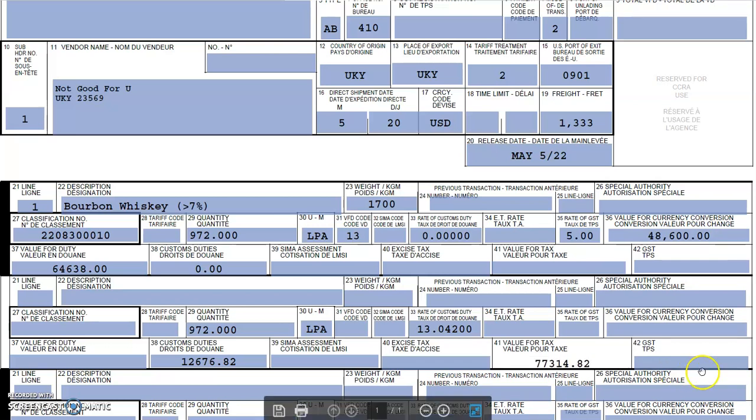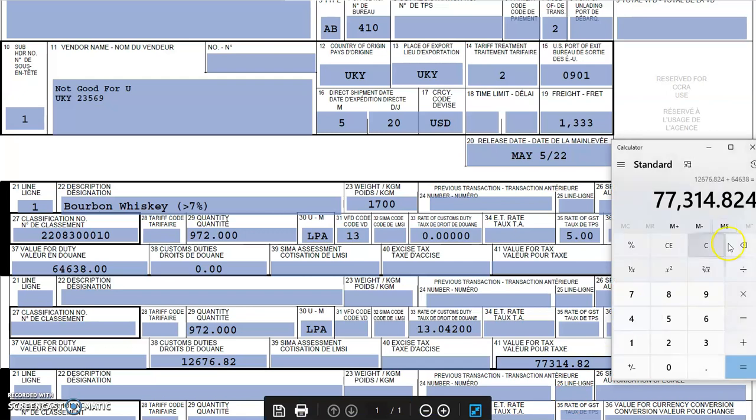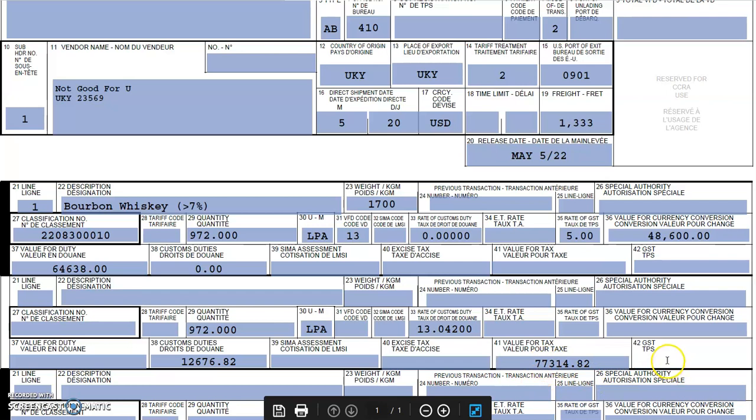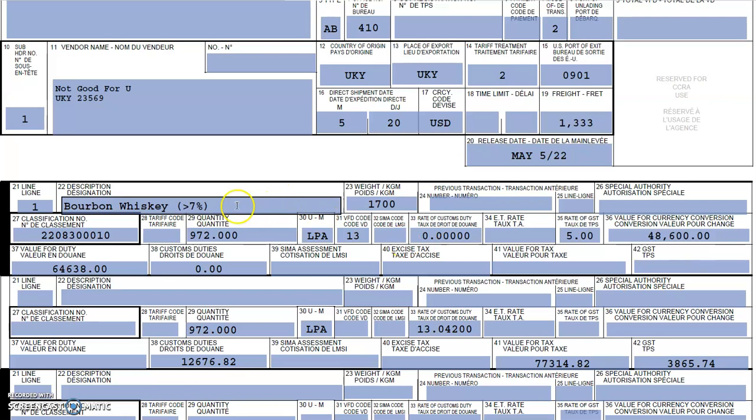And then the GST is simply that amount times 5%, which is 3865.74.